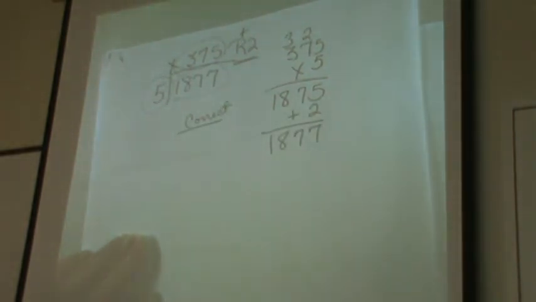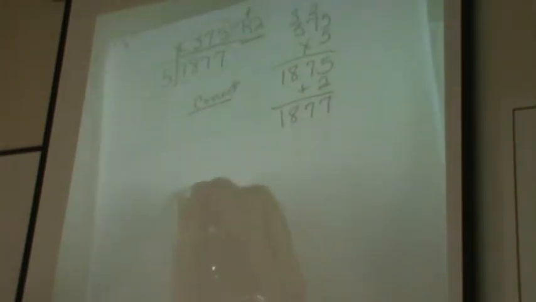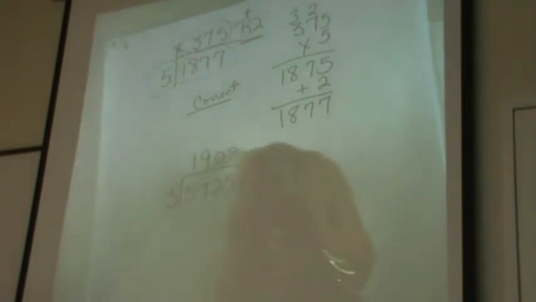Now let's try to find one that's not correct. I don't have an answer book right here, so I'm just going to have to hope I can find one. Let's go ahead and try 57 here. 5725 divided by 3 is 1908, remainder 2.